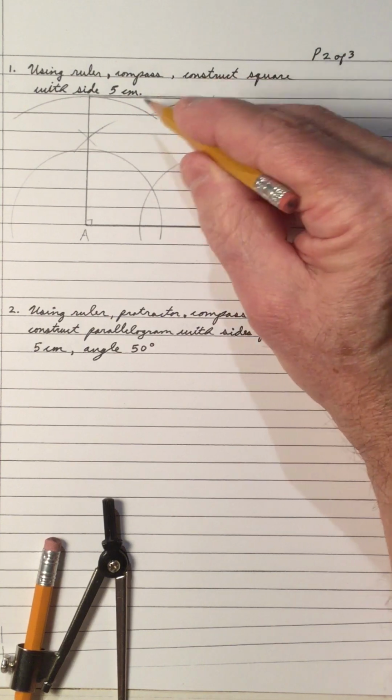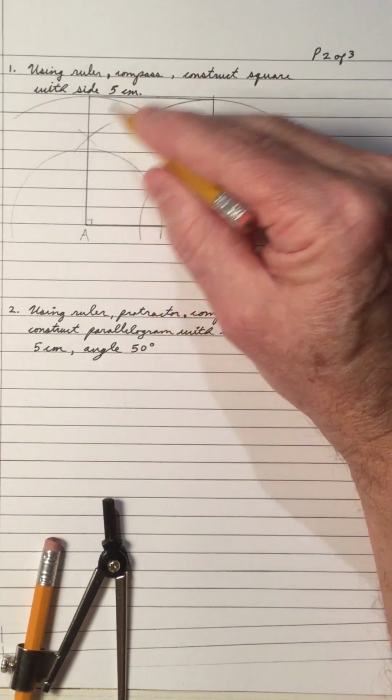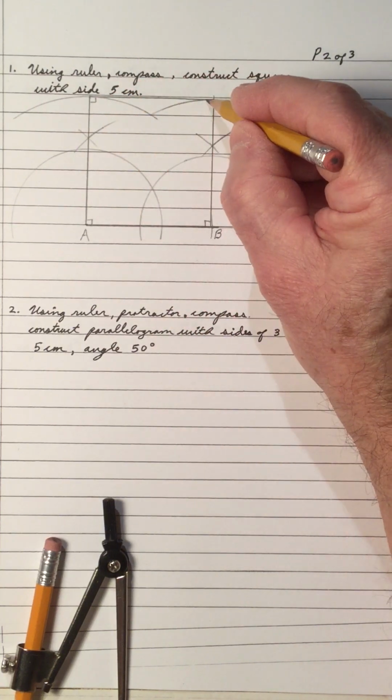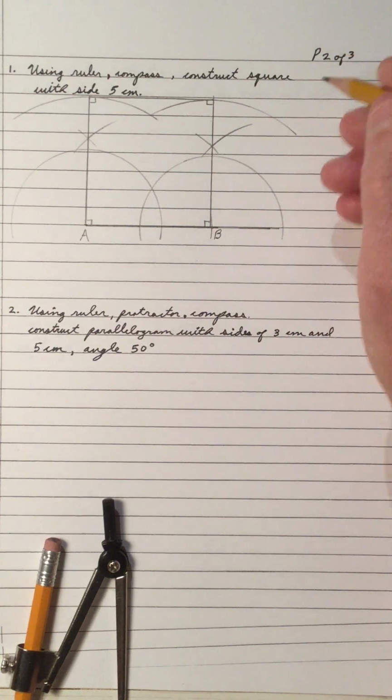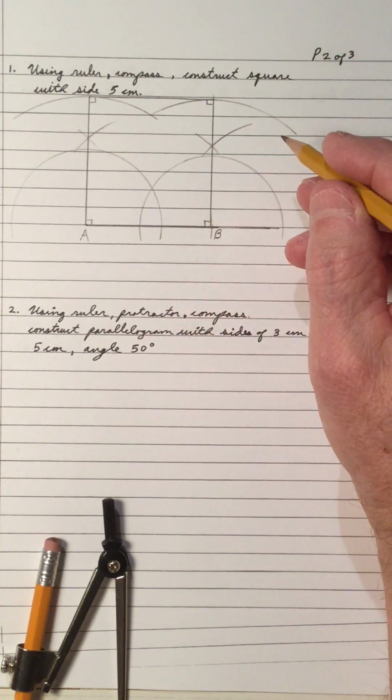So that means we must have four. If you have a four-sided figure with one right angle, you have four right angles. So this is a right angle here, and this is a right angle here. So that's a square whose sides are 5, and we have all right angles.